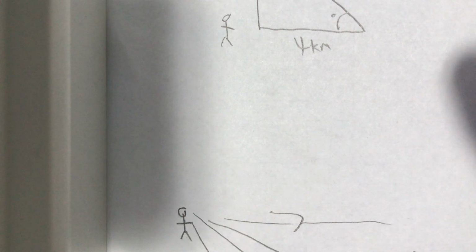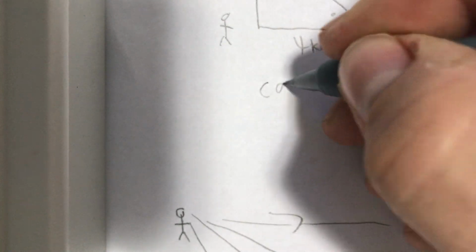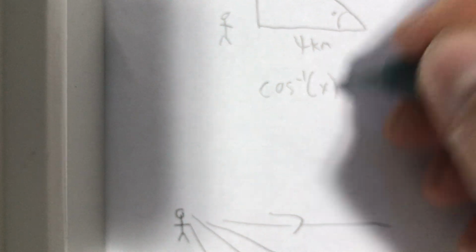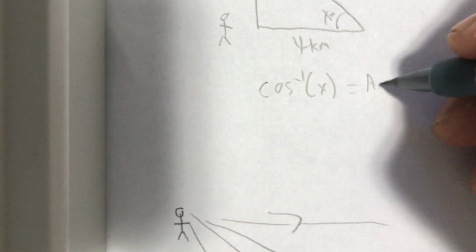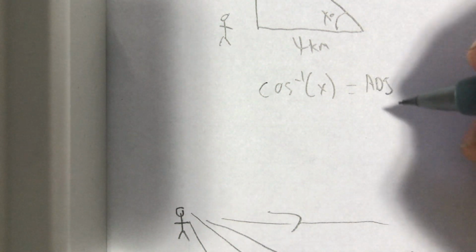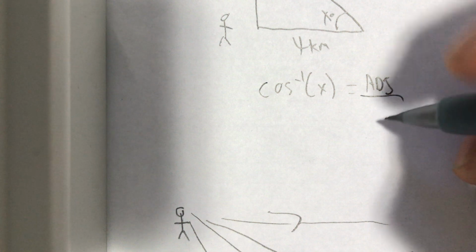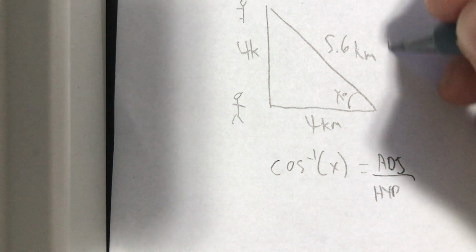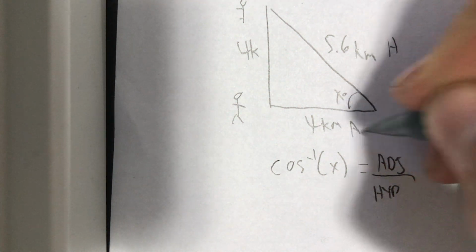So to do that, we use an inverse cosine. The cosine of x, that angle, equals the adjacent side over the hypotenuse. So this here is the hypotenuse, this is the adjacent.